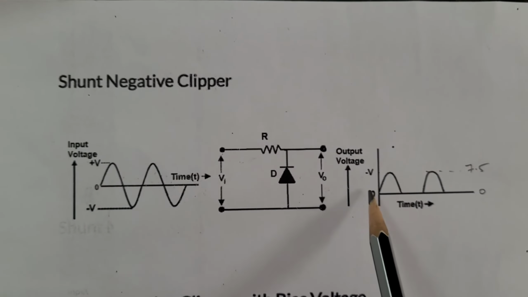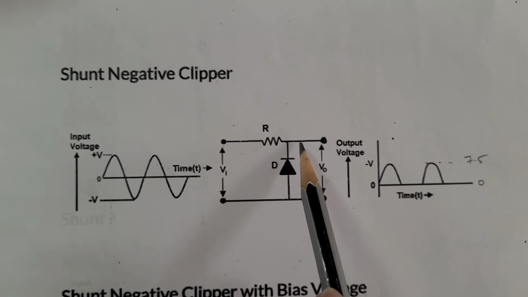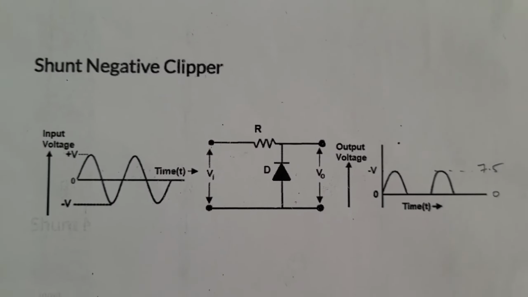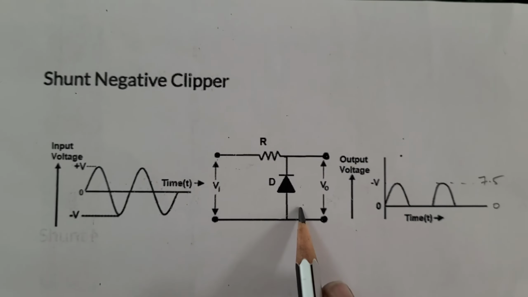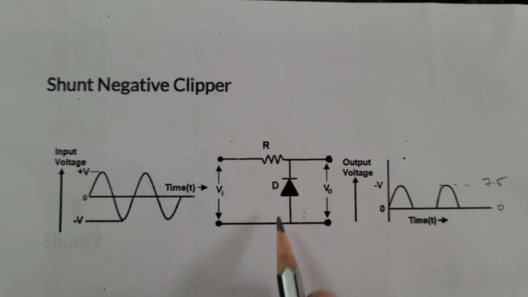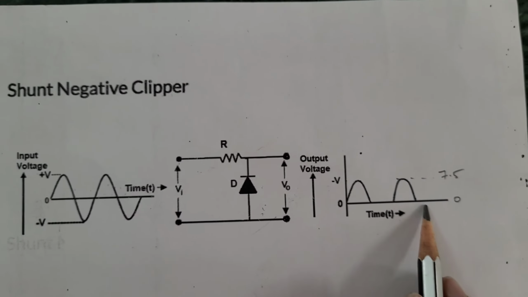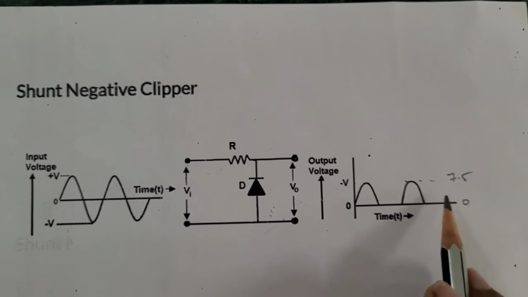During the negative half cycle, the diode gets forward biased, a short circuit is established, hence no voltage will appear across the diode. So the V maximum of the output is 7.5 volt and V minimum is 0 volt.